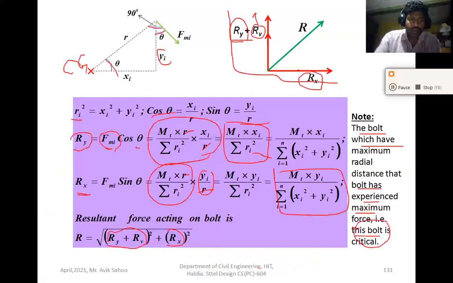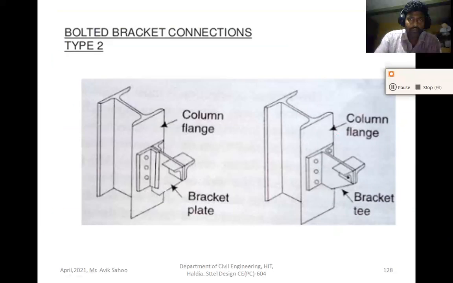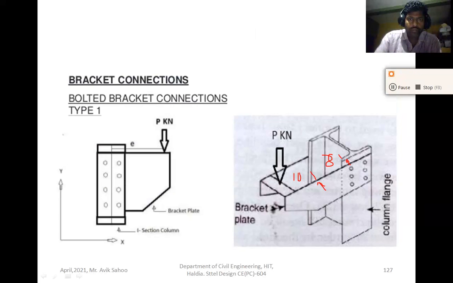Again see the 3D figure. So you see that this flange and this bracket plate are joined by the bolt. So here the single shear takes place. The shear plane is 1. This is one shear plane. So that's why the single shear took place.